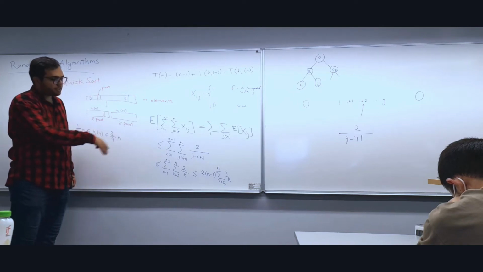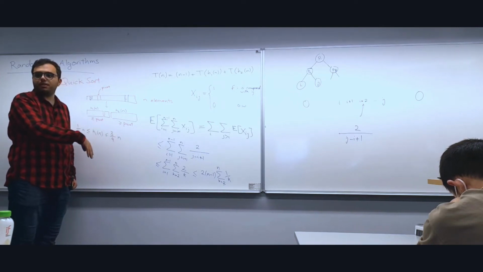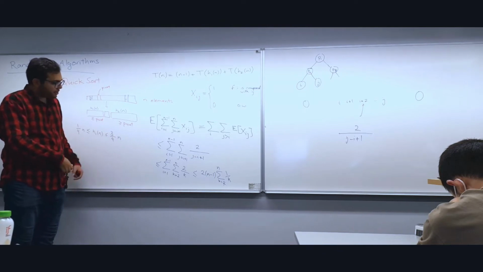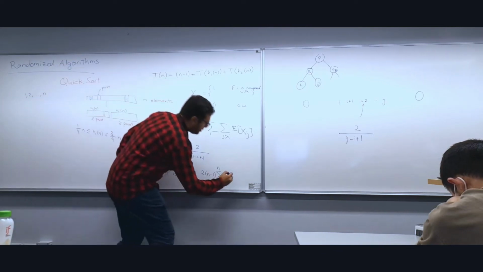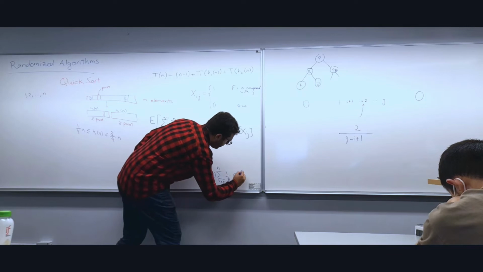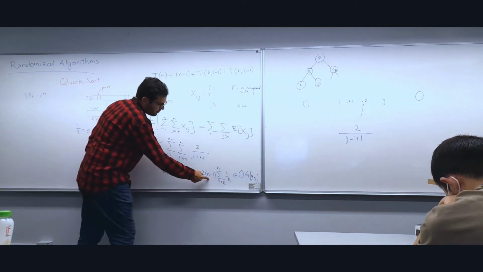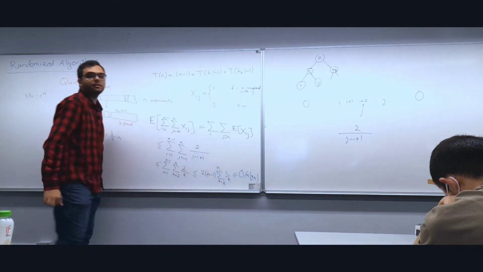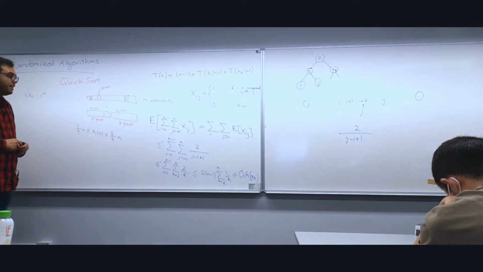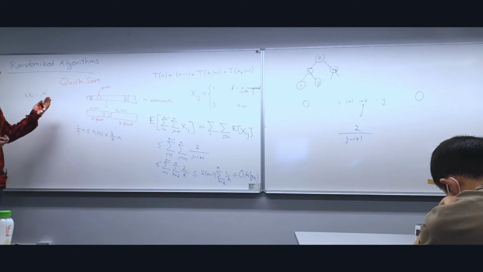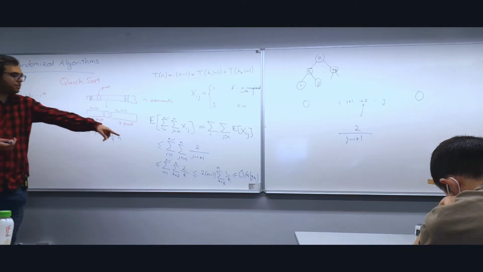So the discrete sum is some constant times the integral, and this whole thing is going to be O(n log n), because I have 2 times n minus 1 here, and this is the log n part. So overall, the expected number of comparisons that I'm going to perform in my QuickSort, if I choose my pivot randomly every time, is going to be n log n.